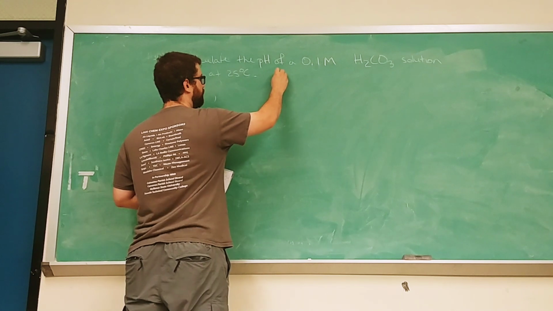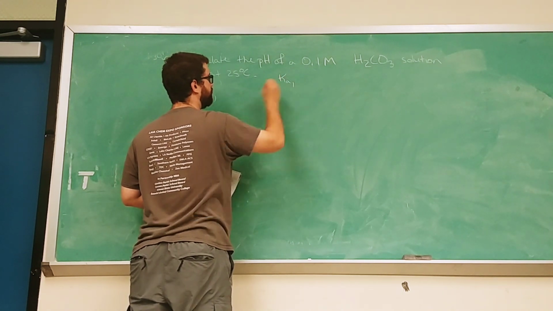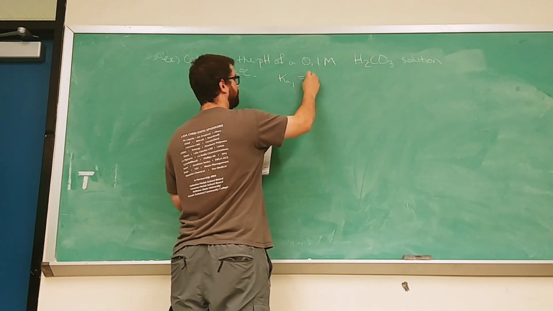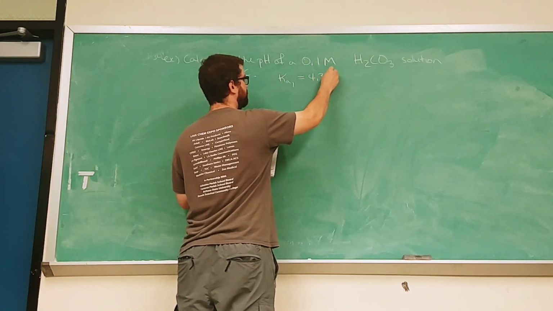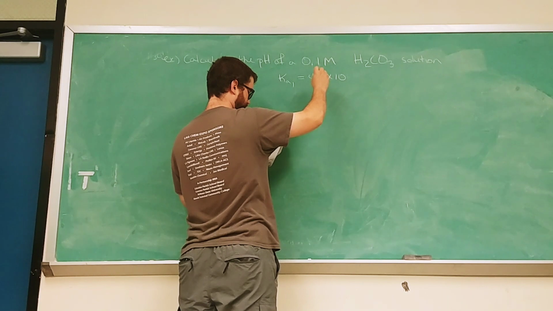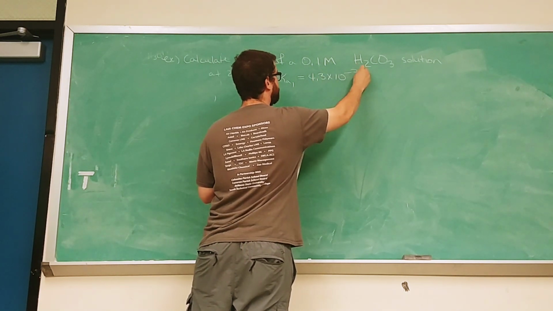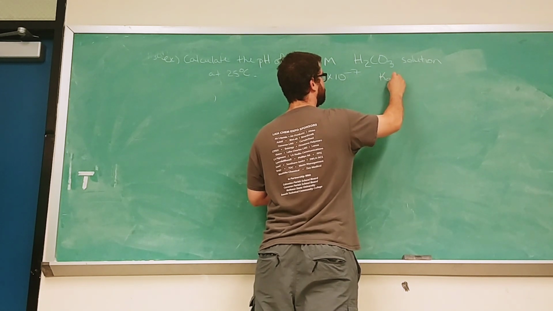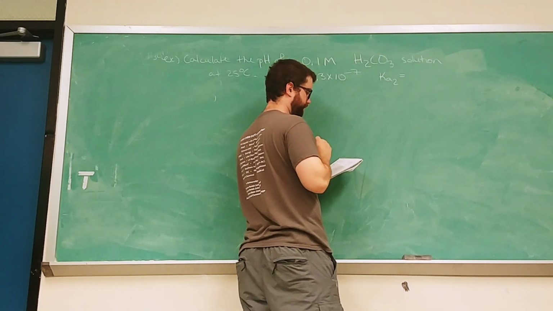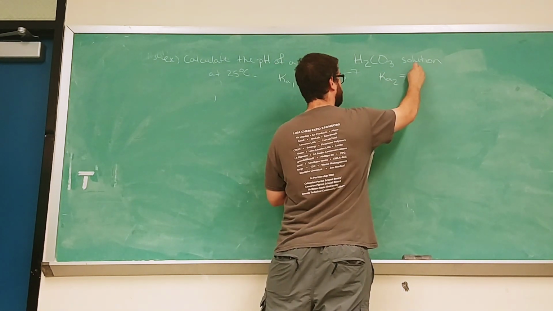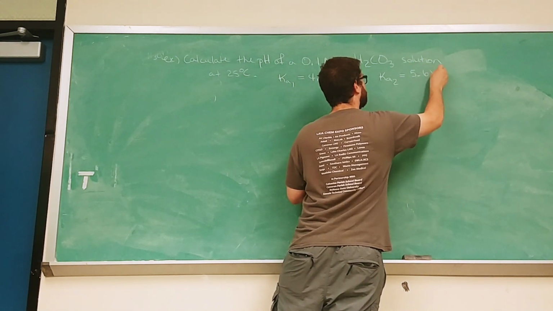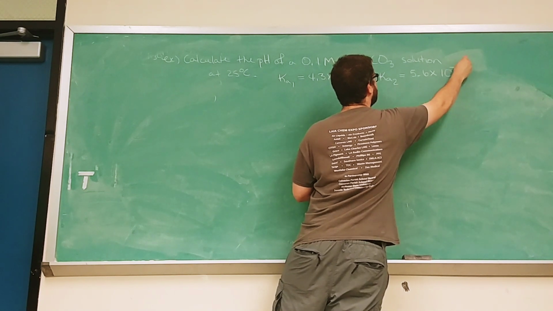Now, Ka1, the first deprotonation of carbonic acid, Ka1 value is 4.3 times 10 raised to the negative 7. Ka2, second deprotonation value, is 5.6 times 10 to the negative 11.